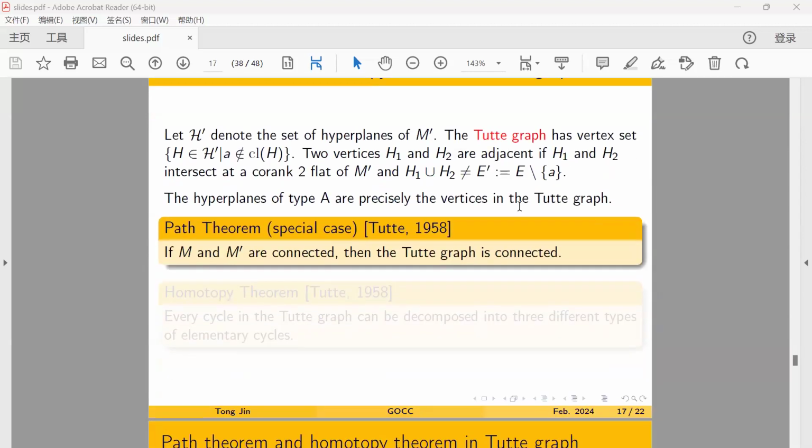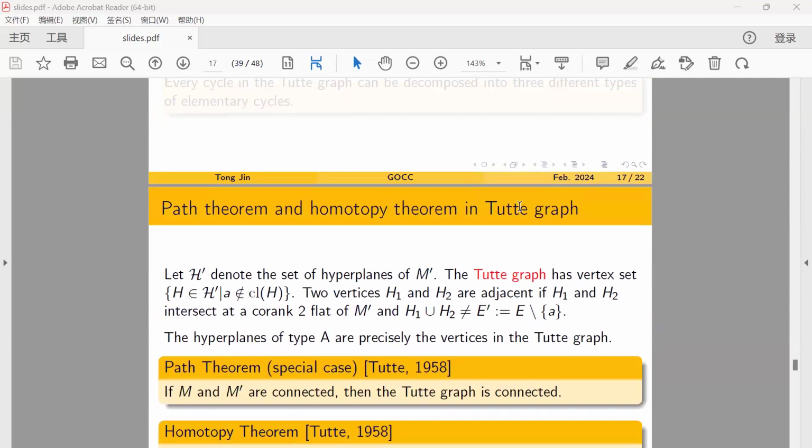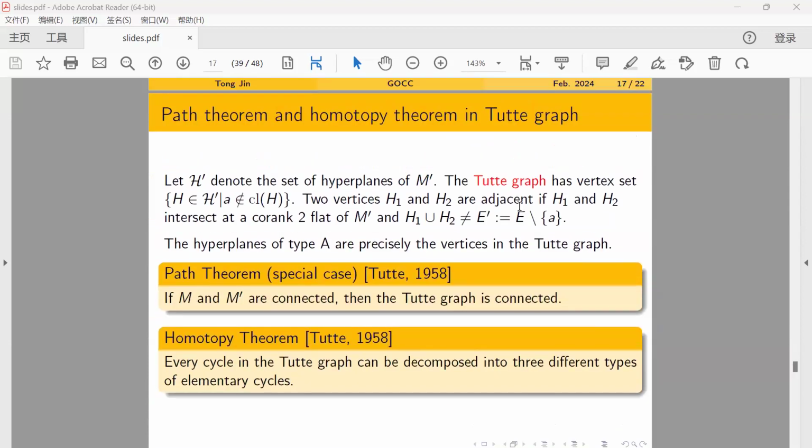And the two lemmas, or the two theorems, say the following. The first one is a path theorem. If M and M prime are both connected, then the Tong graph is also connected. So that means if we assume M and M prime are connected, and you start with one hyperplane of type A, then you can go from this hyperplane to all of the other hyperplanes of type A through a path inside the Tong graph.